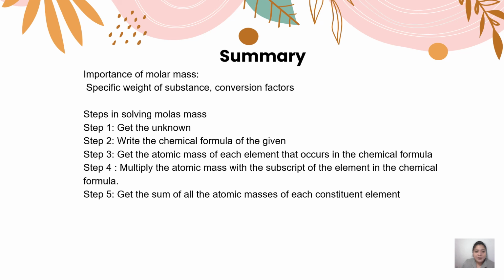The third step will be getting the atomic masses of each of the elements. Fourth step will be multiplying the atomic mass with that of the subscript of the element. And last but definitely not the least is to get the sum of all of the atomic masses of each of the constituent elements.